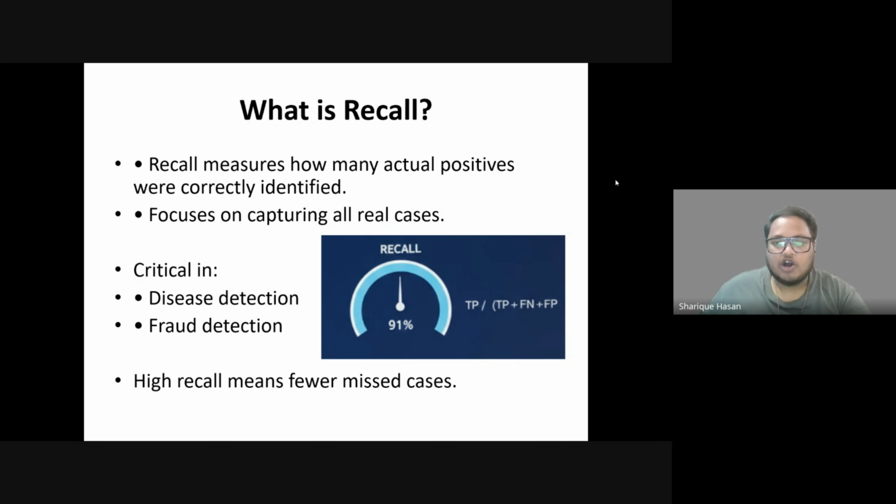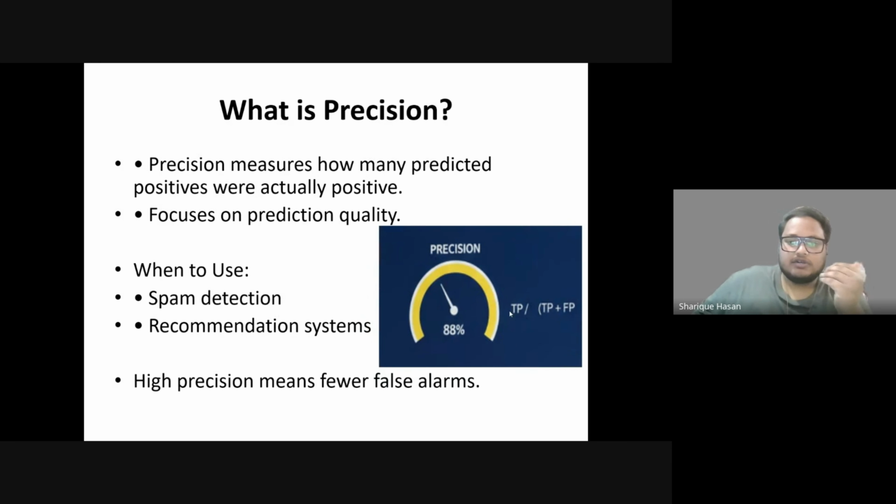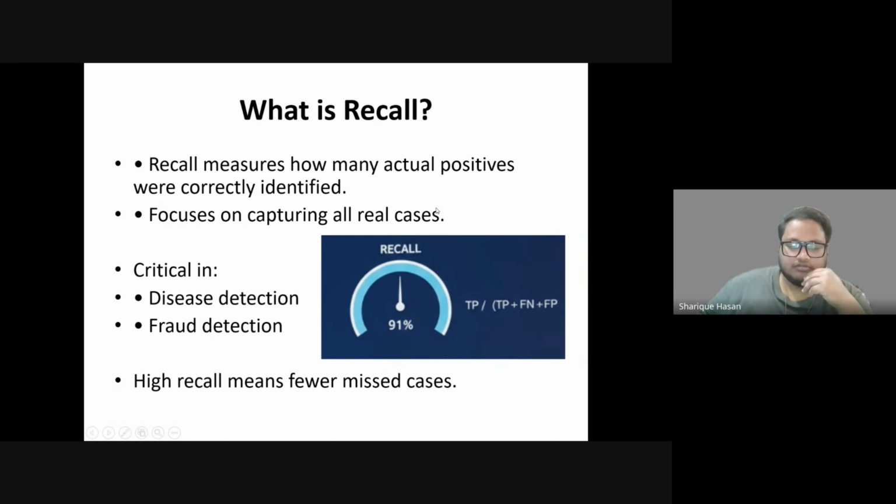Let's focus on the formula first. It is total positive divided by total positive plus false negative plus false positive.